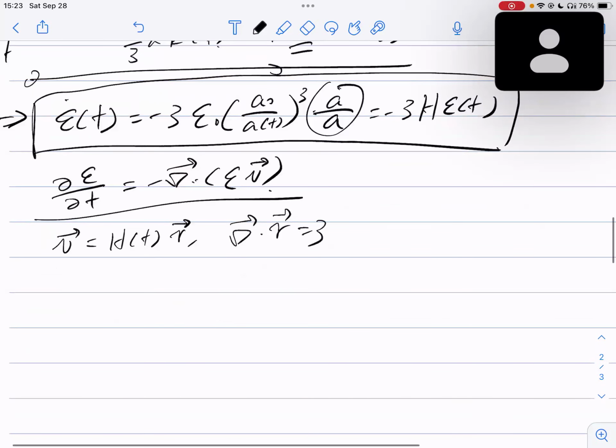We have this formula. The simplest way to derive this is to use the spherical polar coordinate form of divergence.